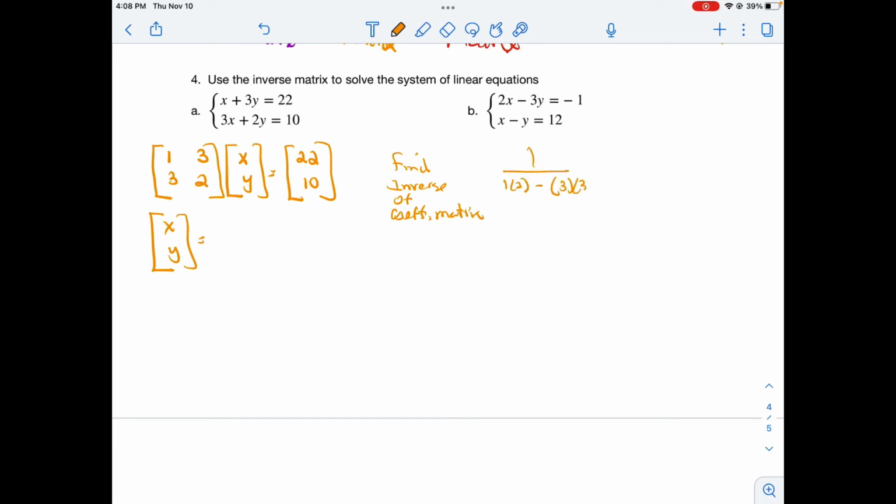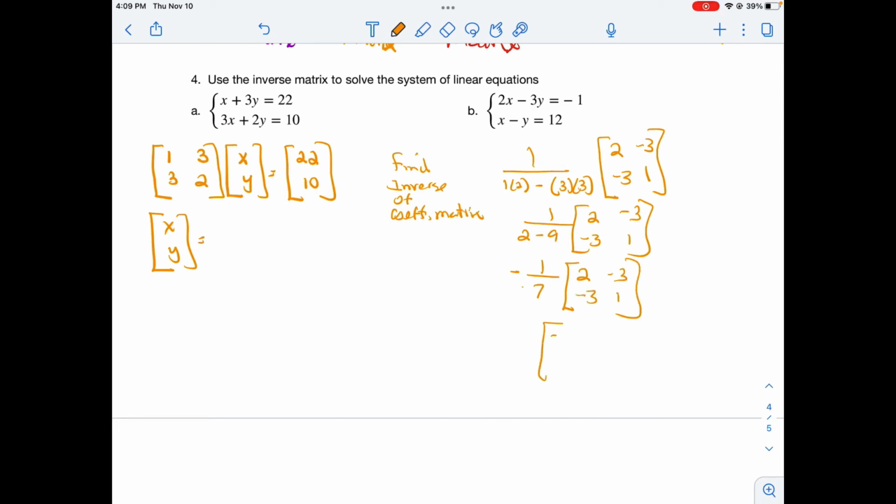Remember, to find the inverse of a 2 by 2 matrix, I take 1 over the product of the diagonal down minus the product of the diagonal up, and then we invert it. And I get negative 1/7 times 2, negative 3, negative 3, 1. Distributing that negative 1/7, I get negative 2/7, 3/7, 3/7, and negative 1/7. So that is now what I put over here as the inverse of my coefficient matrix.